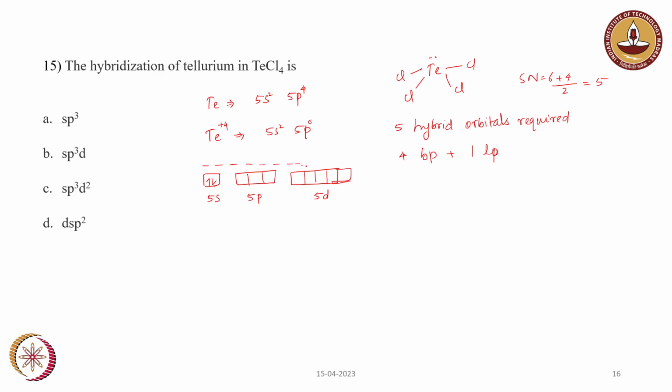So 5s, 5p and 1 orbital of 5d will be hybridized to give 5 sp3d hybrid orbitals.